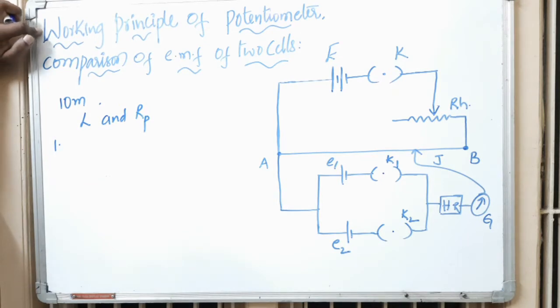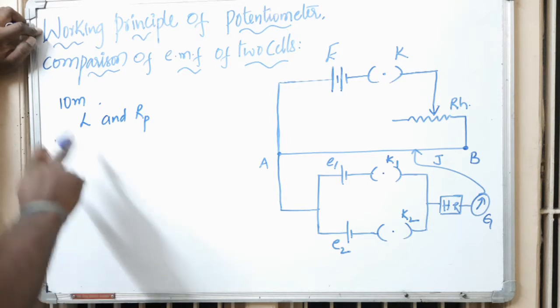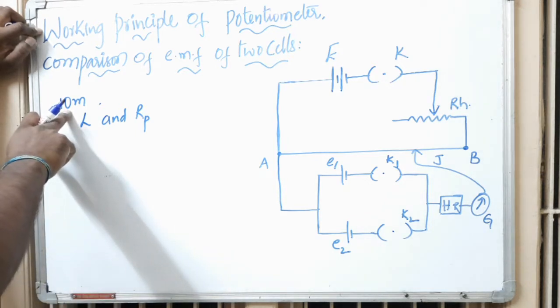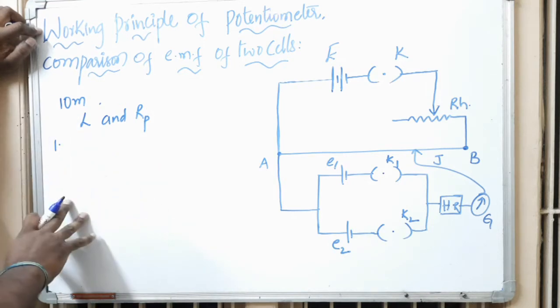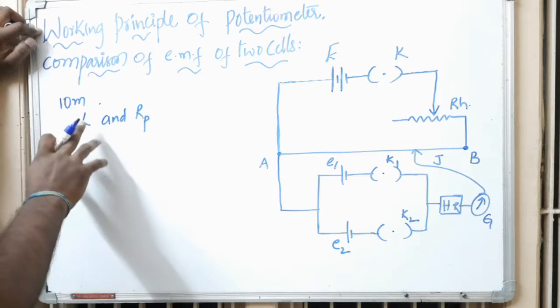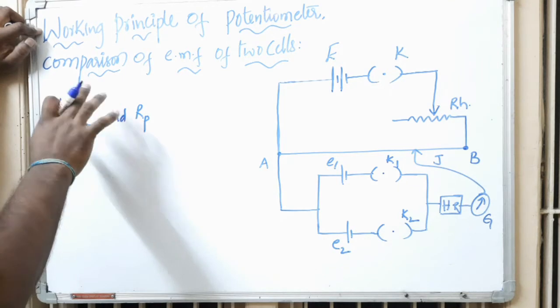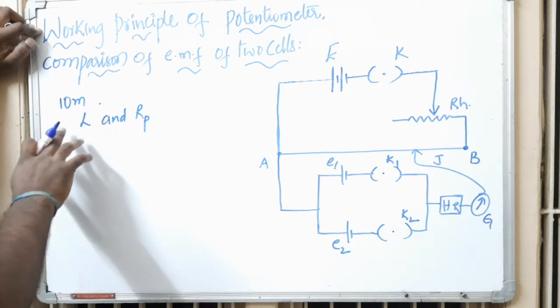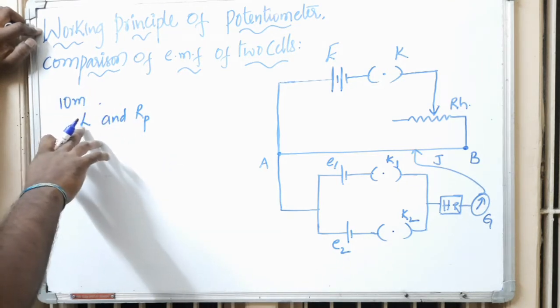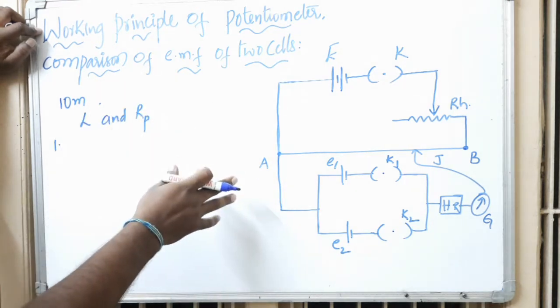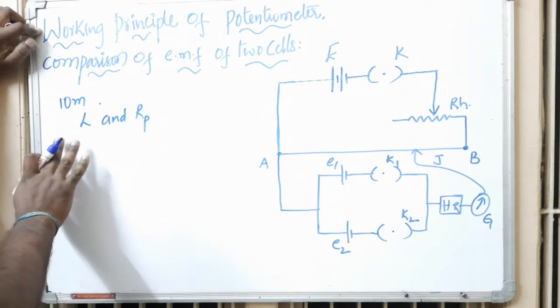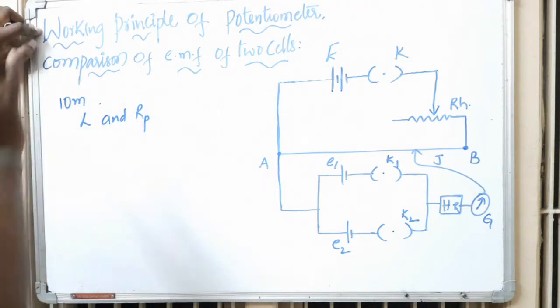I will repeat again: potentiometer consists of 10 meters length of wire with a uniform internal resistance. That will be the first point. Now coming to the next part, let the length of the wire be L and the total resistance be RP.